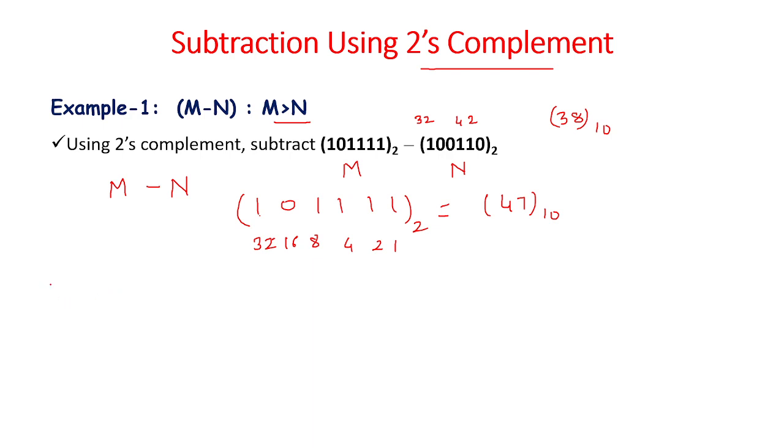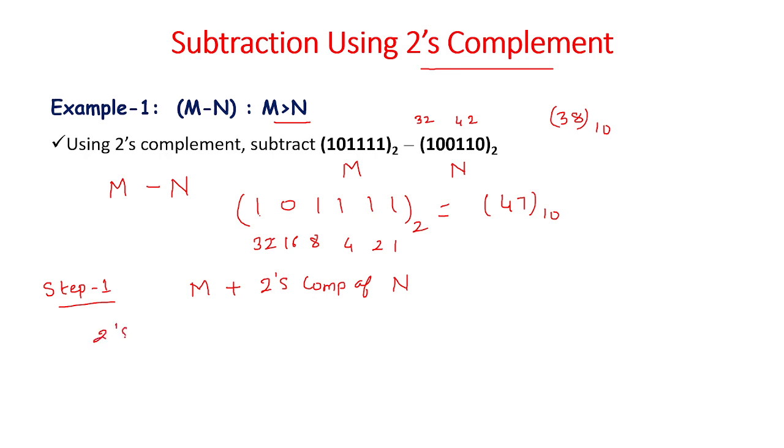The procedure is as follows. In step 1, we take the 2's complement of n. We write the subtraction as m plus the 2's complement of n. It means we need to take the 2's complement of 100110, where n is 100110.